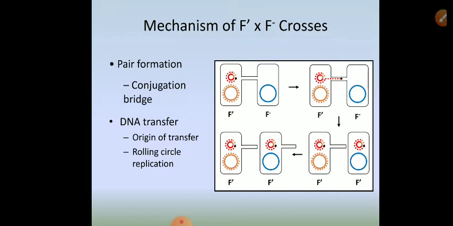Because the recipient cells have their own genetic material plus some of the genes of the donor cell. And this phenomenon, in which donor DNA is transferred to the recipient cell as a part of sexual conjugation, is called sexduction.